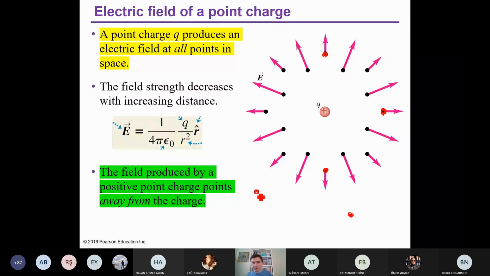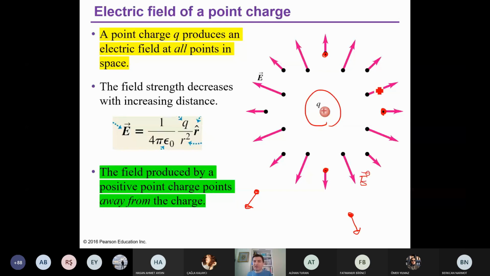So this point charge produces electric fields around itself in space, and the direction of the electric field points away from the charge, okay? The direction of the electric field at any point around this point charge points away from the charge.